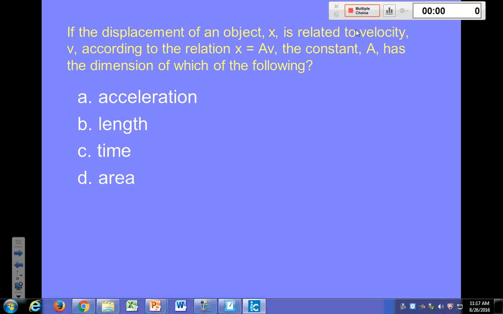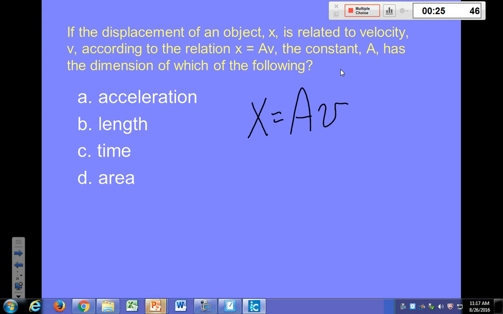Okay, so let's try this. Here we have x is equal to a times v. What are the dimensions of a? X is position, measured in meters. V is speed or velocity, measured in meters per second.